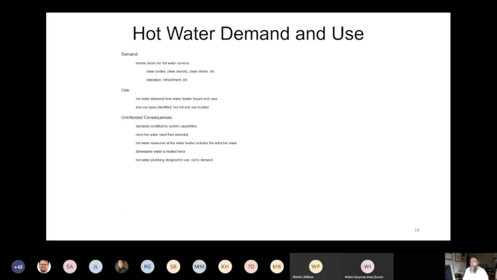That's what we want. Nearly all of the measurements of hot water use have been made at the water heater, not where the people are actually using the hot water. So that's a distinction that makes a difference. In the next few slides, we'll talk about it.